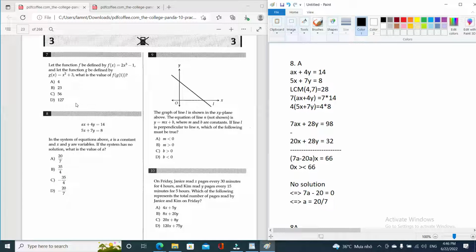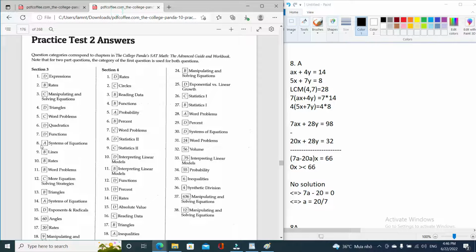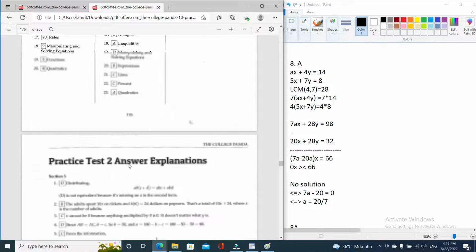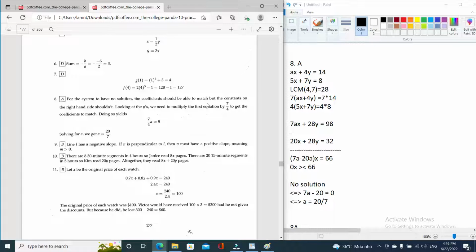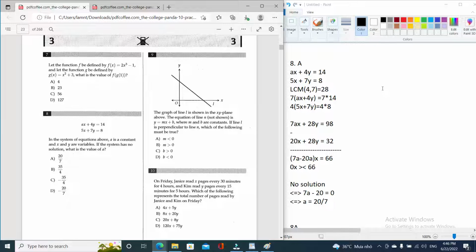So let's check the answer for number 8. So I think number 8 is A, and 8 is A indeed here. The way to solve it is different, but it is A. Okay, it is A. Number 9.